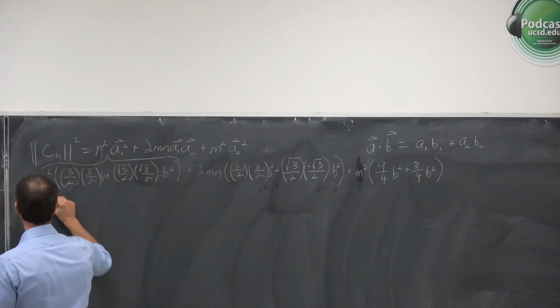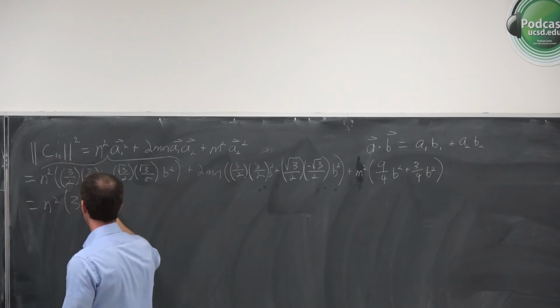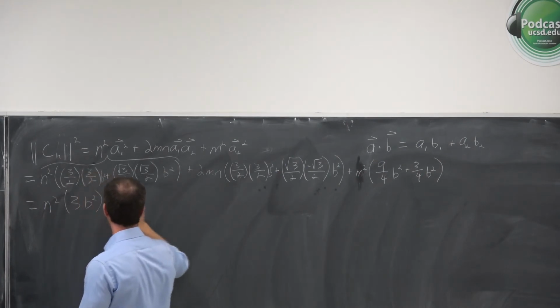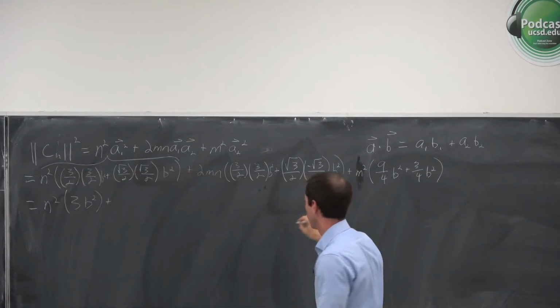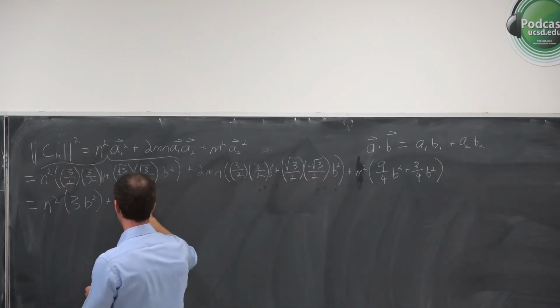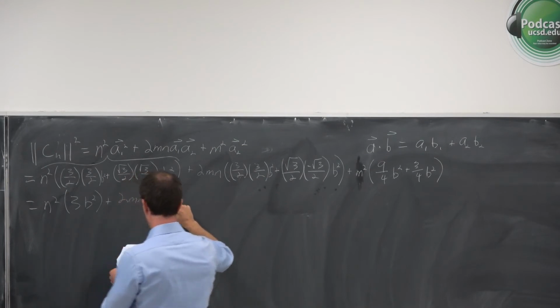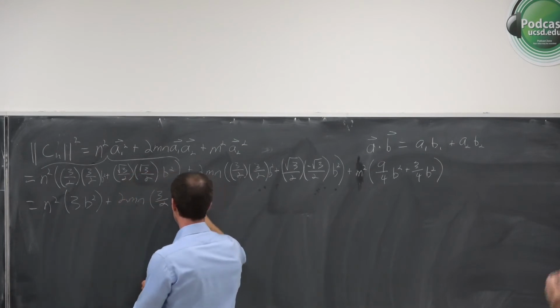So then this is n squared 3b squared plus, we can write this as 2mn 3/2 b squared.